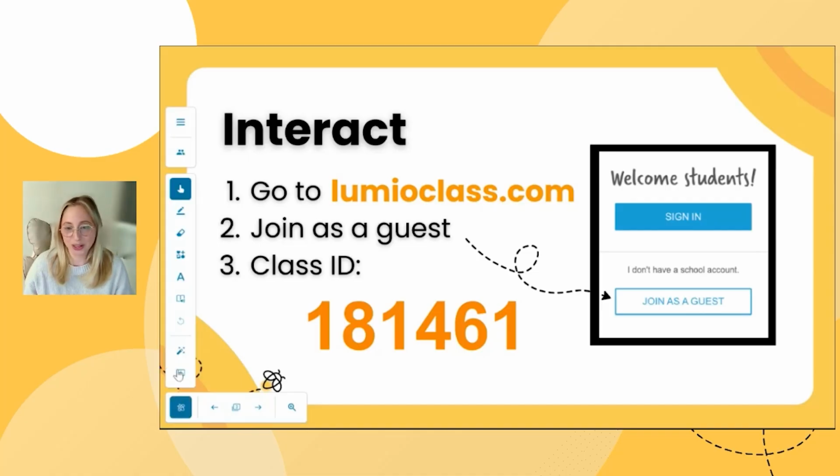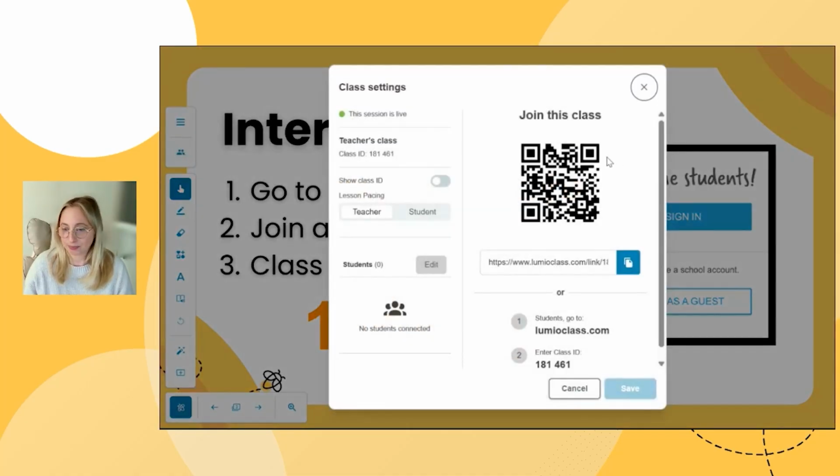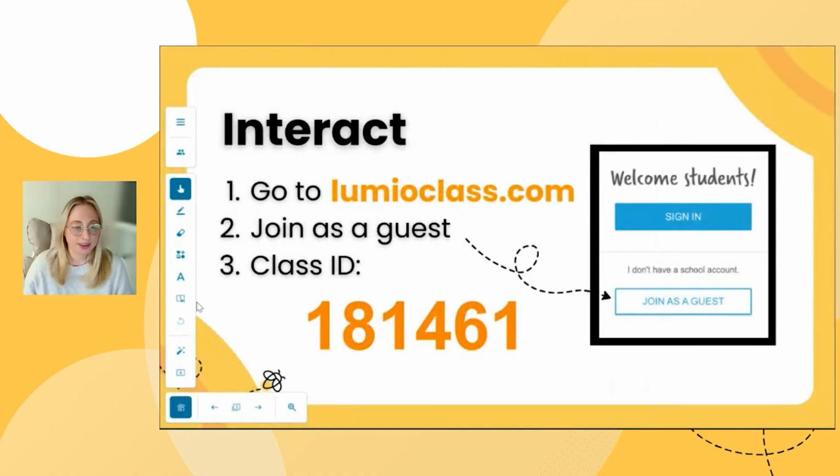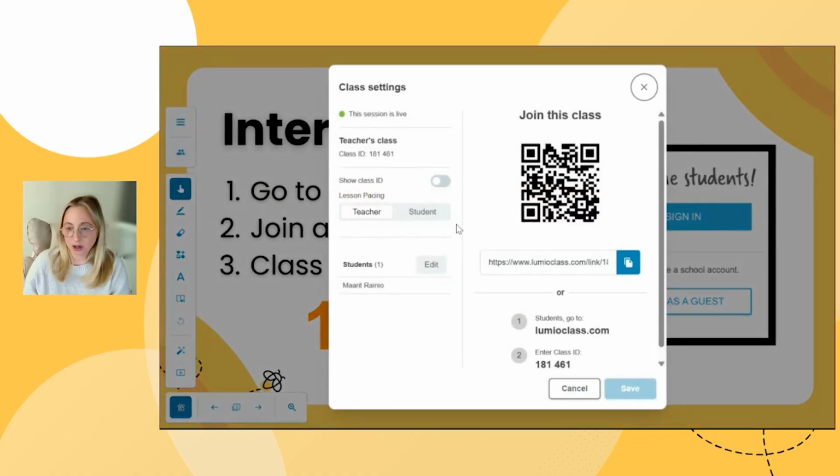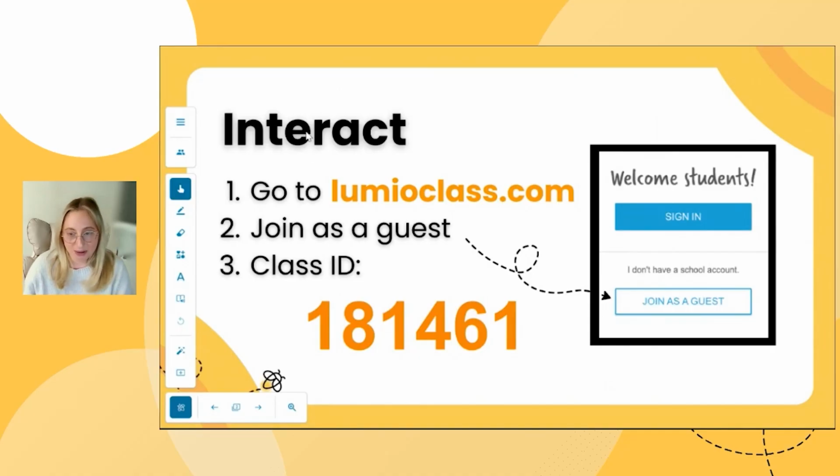I'm going to pause really quick and give everyone a moment to join. We'll get started in about 10 seconds. You'll go to lumioclass.com, join as a guest, and my class ID is 181461. Again, not necessary, but if you'd like to interact, that link is also in the chat. You're also welcome to interact with me in the chat.